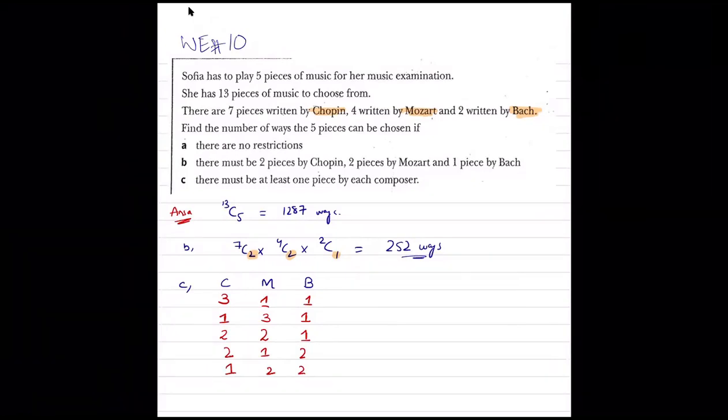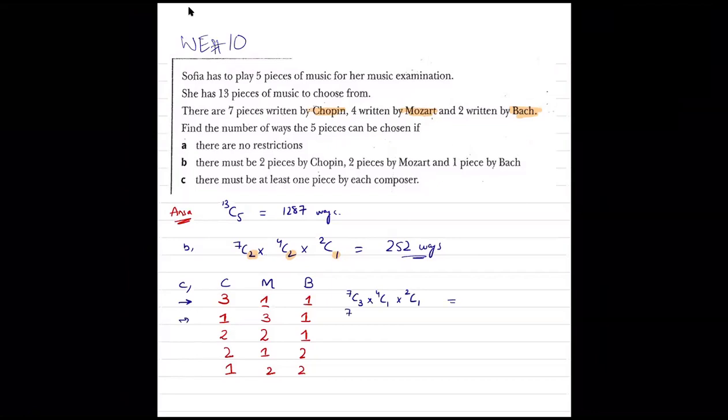Let's find out. Now we are doing this for the first category in which I have to choose three for Chopin. So out of seven, I'm going to choose three. Then out of four, I'm going to choose one for Mozart, and out of two, I'm going to choose one for Bach. This is going to give you one possibility.